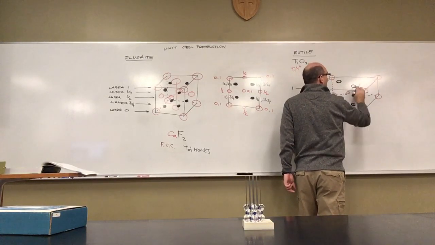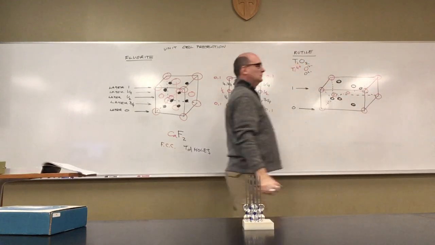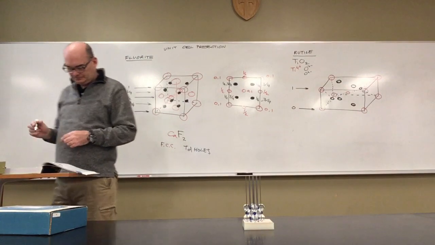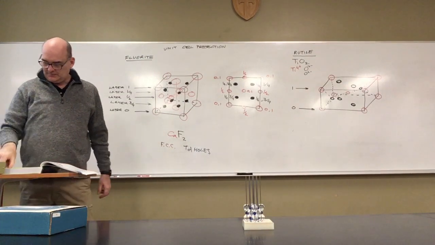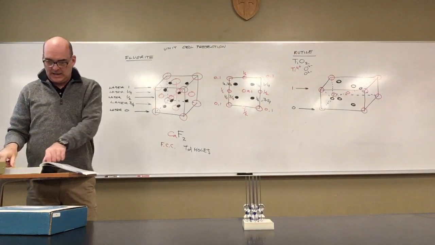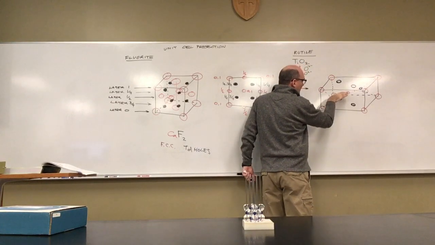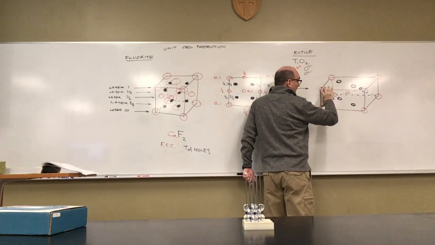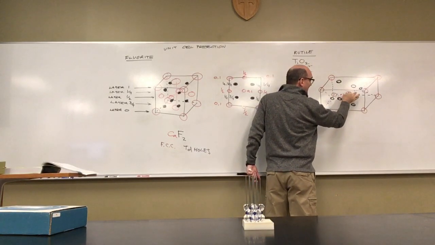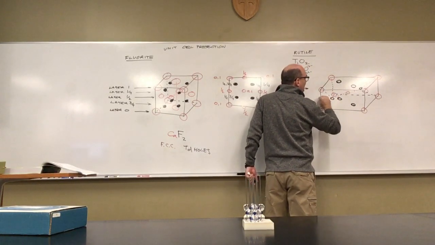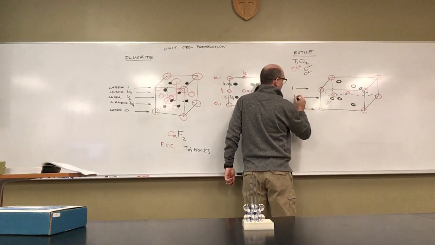Equidistant between those 3, I've got another oxygen here. Okay. And because I'm equidistant from these two and that central titanium, it means that I'm on layer 0, half. Okay.